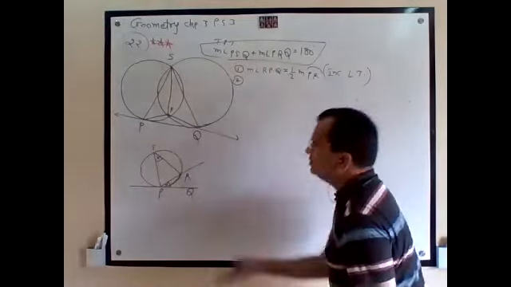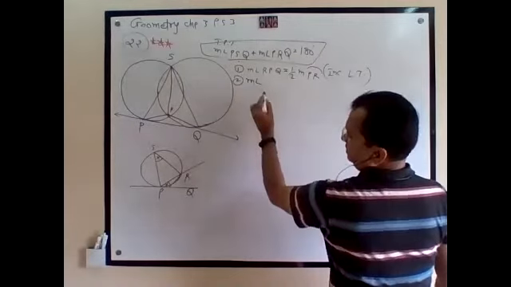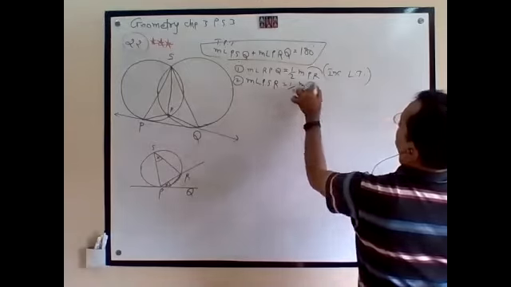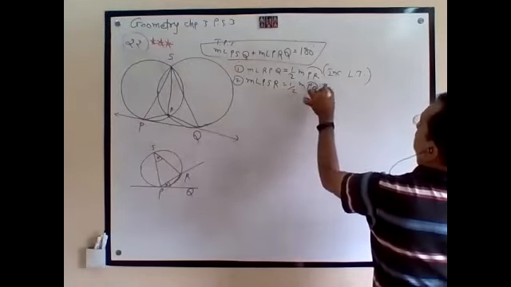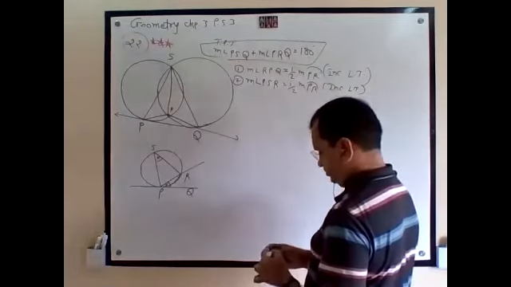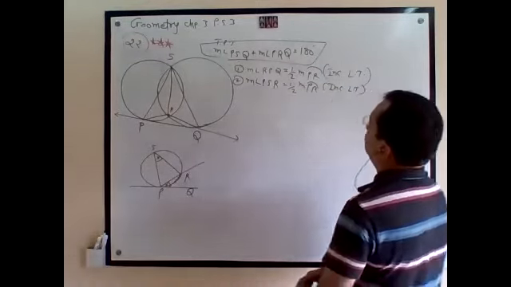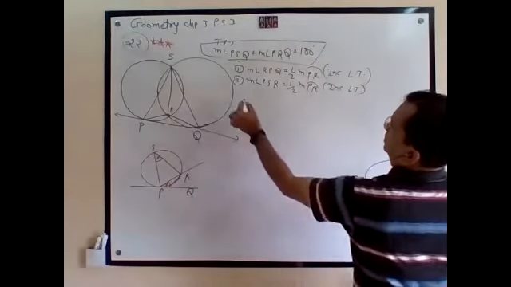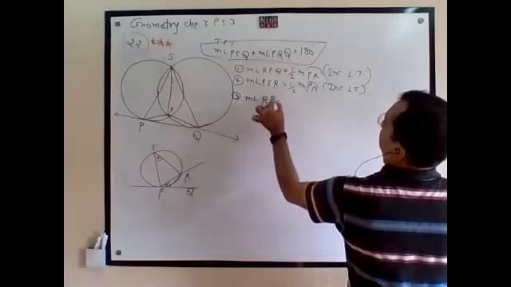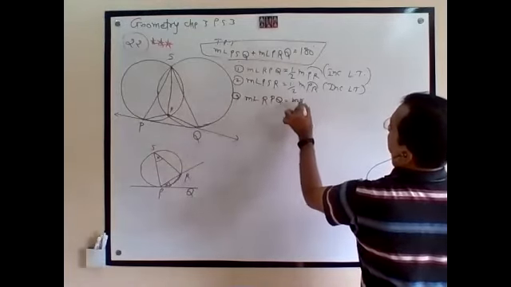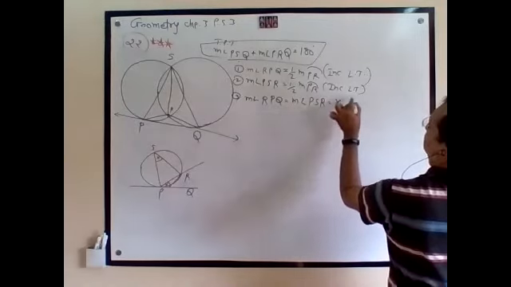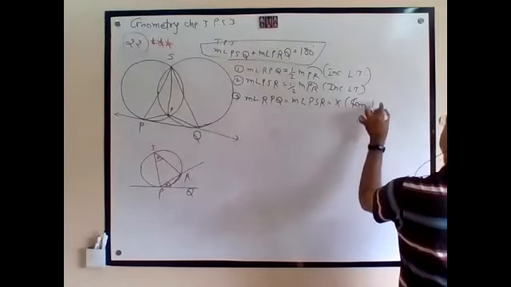I have taken lower, then upper. Measure angle PSR is half of measure arc PR, inscribed angle theorem. Both are half of this. Therefore, measure angle RPQ is equal to measure angle PSR, which is equal to x, from first and second.